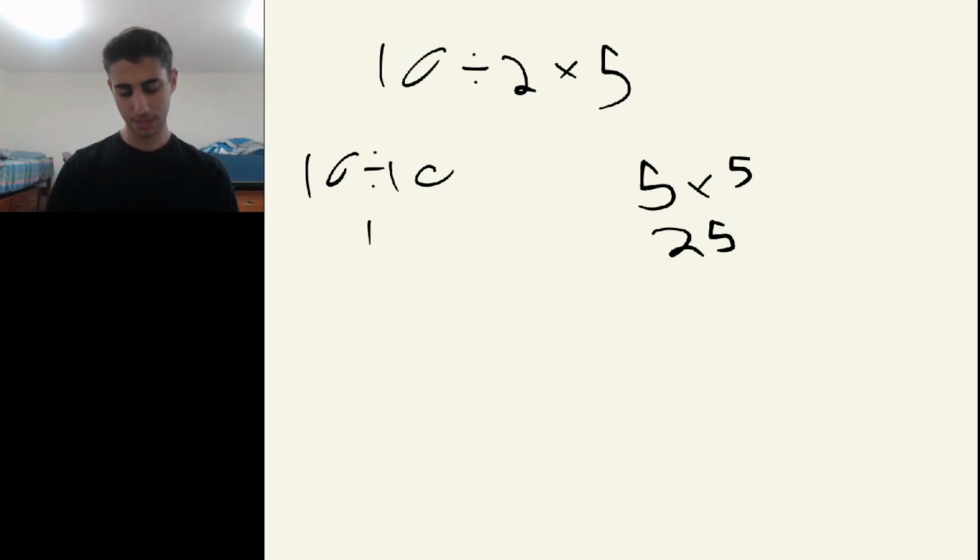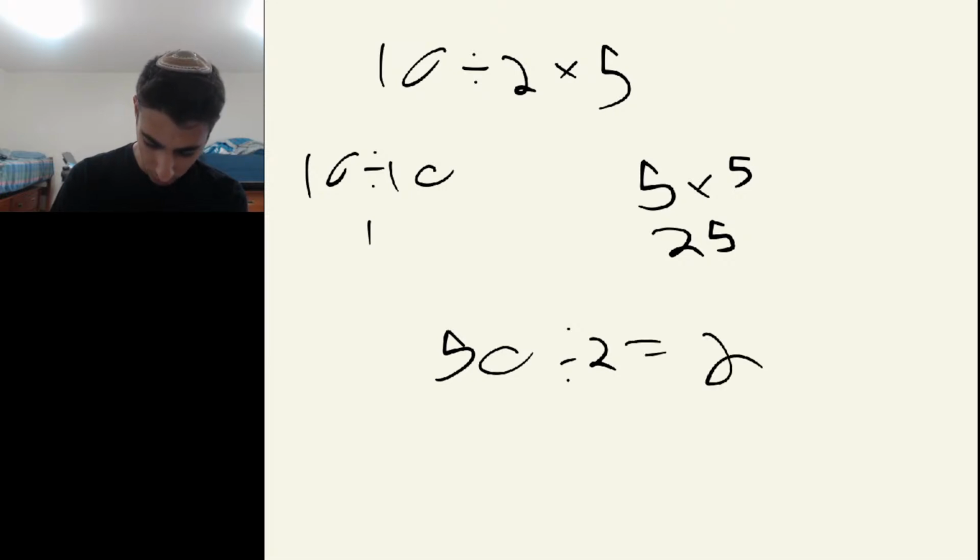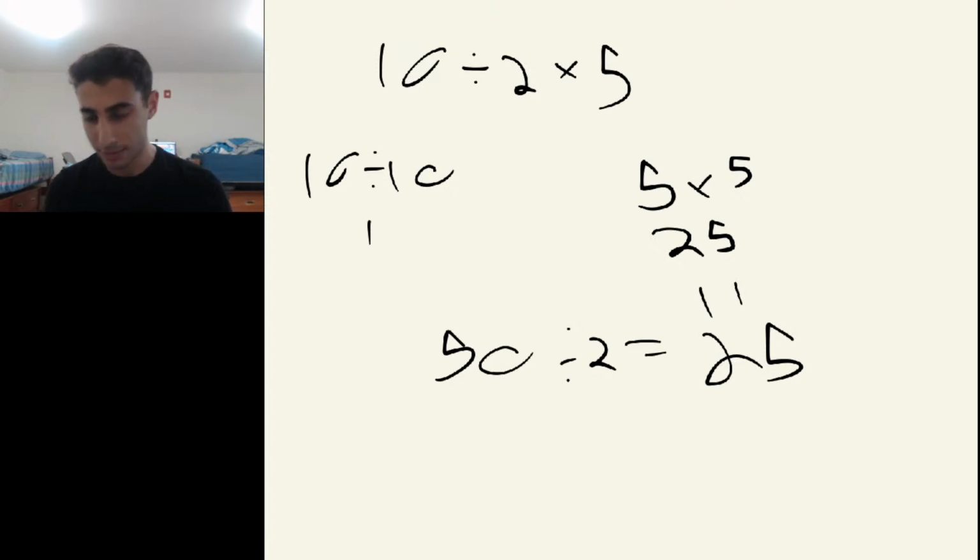Okay, that is problematic. And then we'll have the other option, which is going to be 10 times 5, which is going to be 50, divided by 2 is 25 again. So 2 of the ways of solving it lead you to 25. 1 of the ways of solving it leads you to 1. That's very interesting.